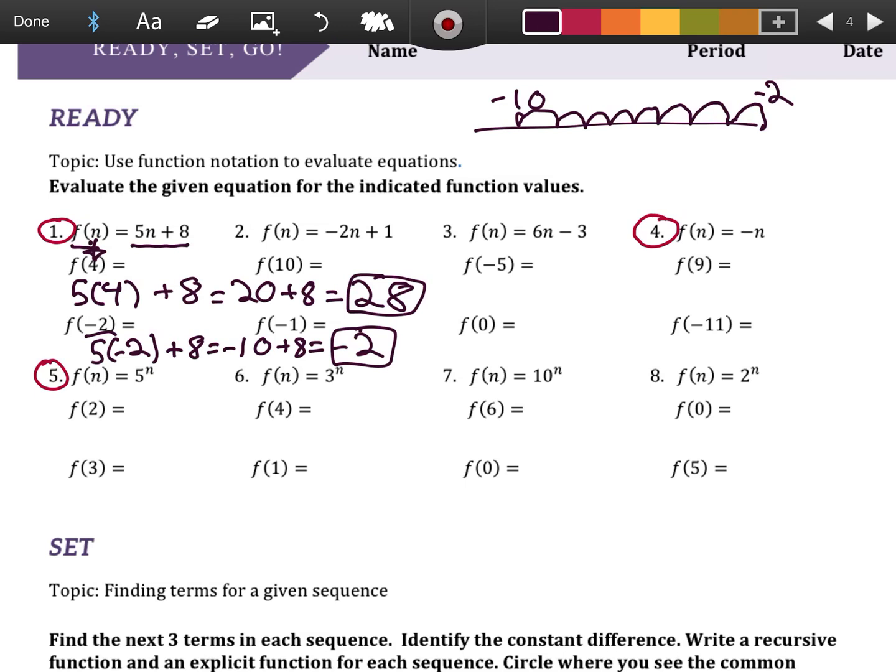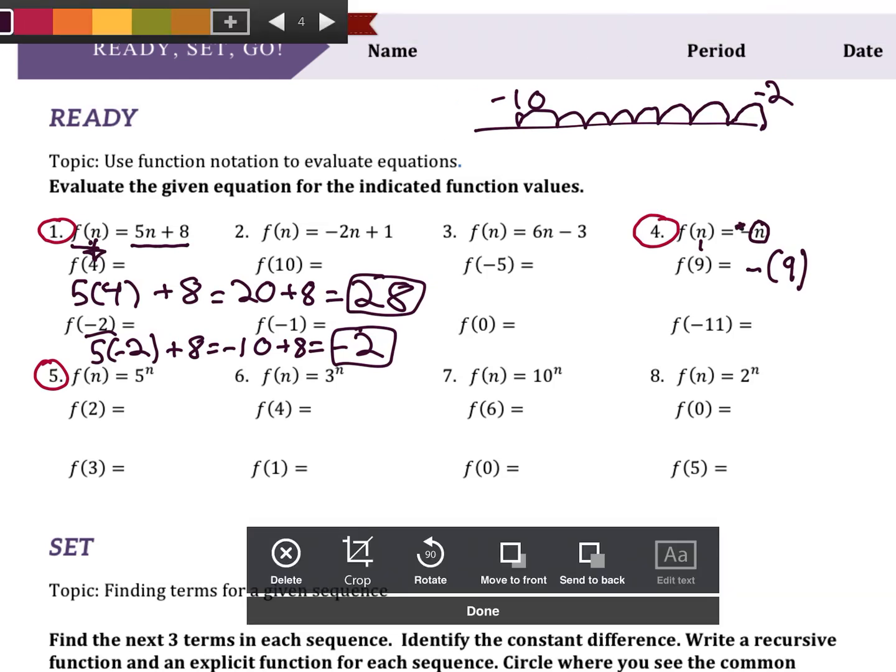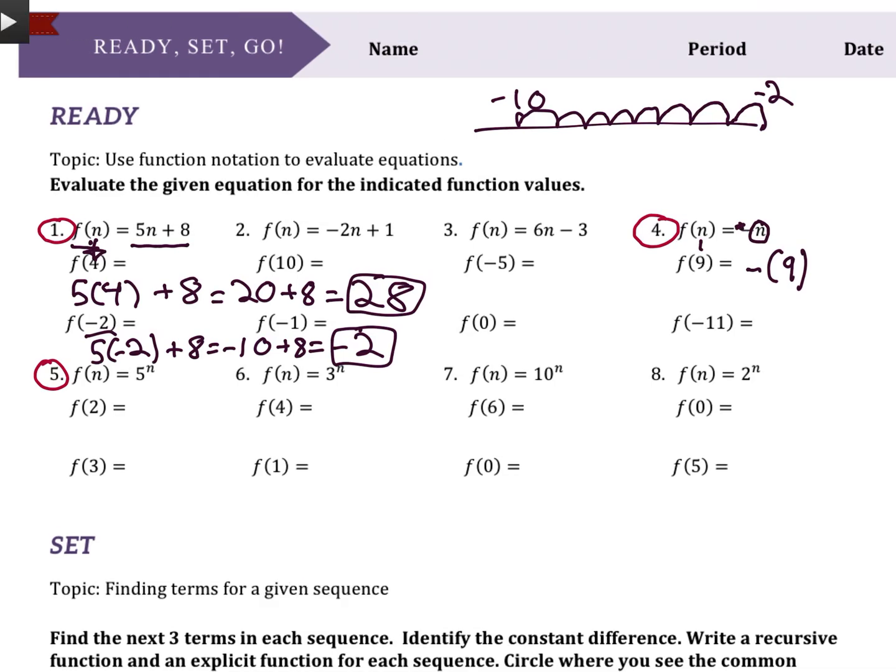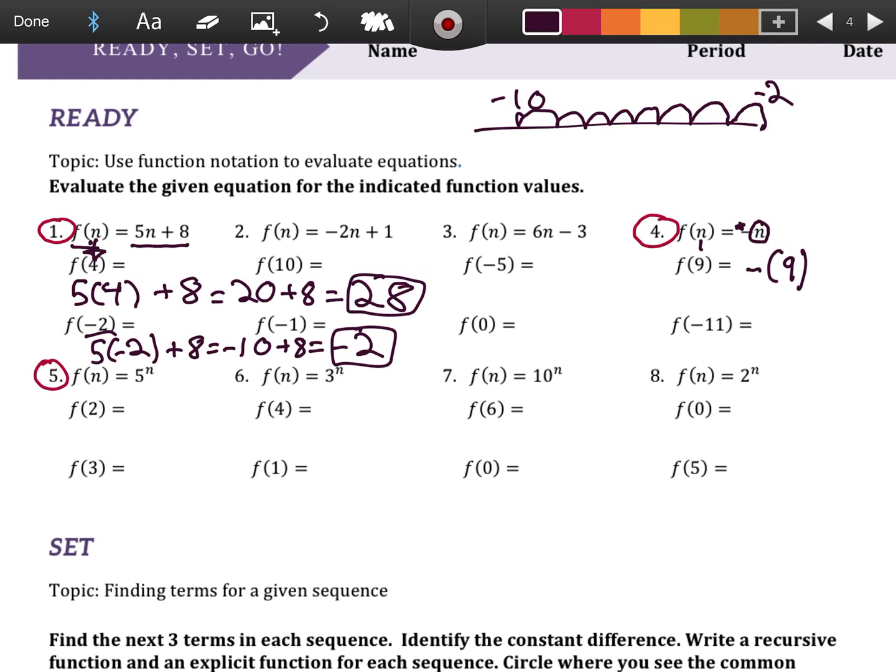For 4, a little challenging because our function f of n is equal to -n. It's kind of odd to just see n on its own, but follow along with me here. Instead of n, I'm going to now put in parentheses with 9. So think of this as if I'm rewriting n, but since there's a negative sign out here, I'm going to give respect to that and use parentheses just because I'd like to section off what number I'm plugging in.